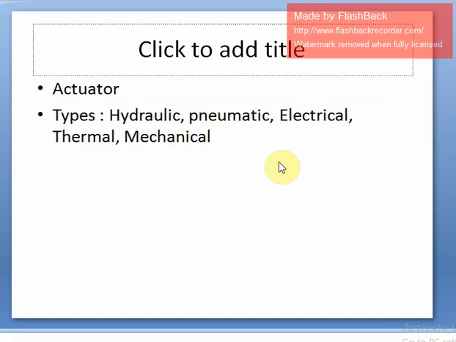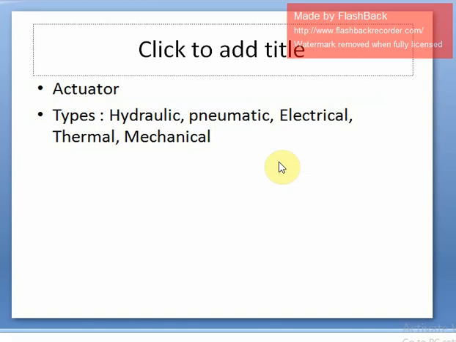The pneumatic actuator, this means an air-based actuator. The pneumatic actuator basically converts the energy formed by the vacuum or compressed air at a high pressure into either linear or rotatory motion, right?